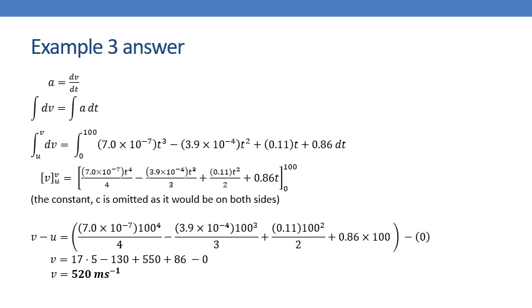Looks quite confusing, but it's done in the same way. So we're integrating our function to get the velocity function. So we integrate that t cubed, t squared, t plus a number function. Okay, increasing the power, dividing by the power that we've increased to. And then we substitute in our numbers.